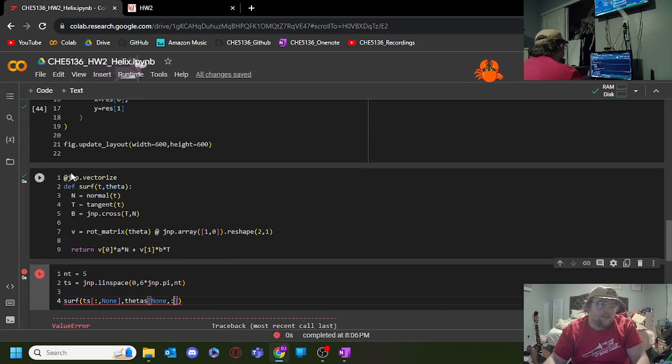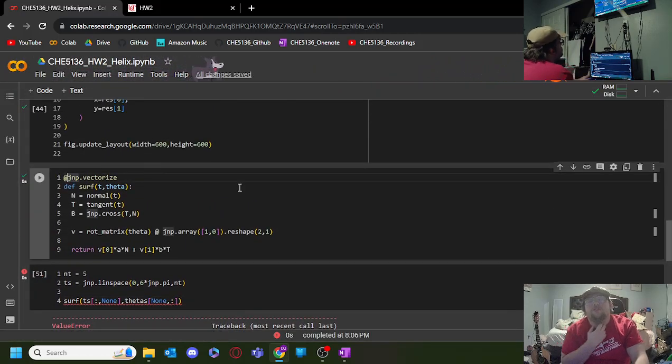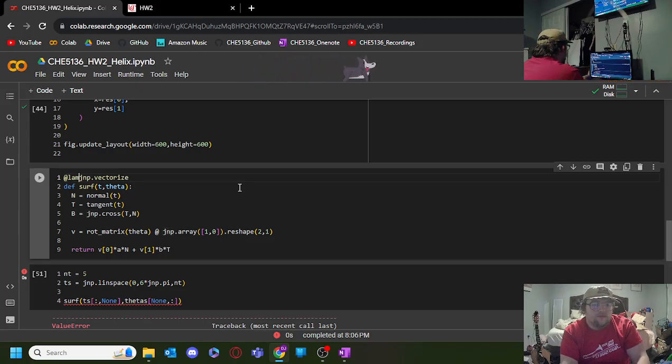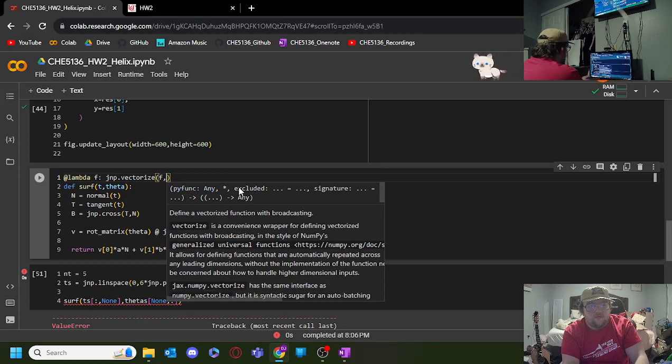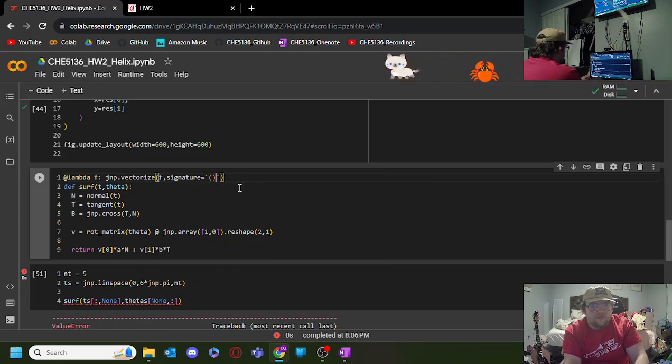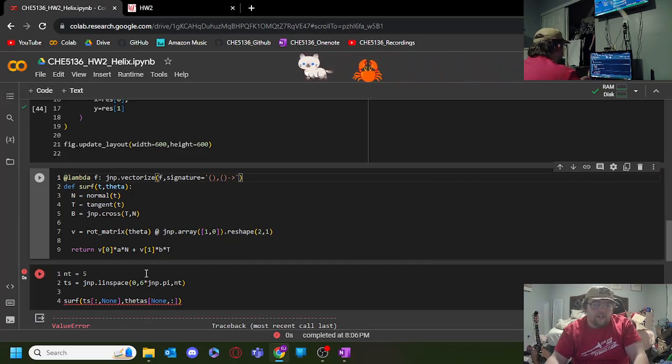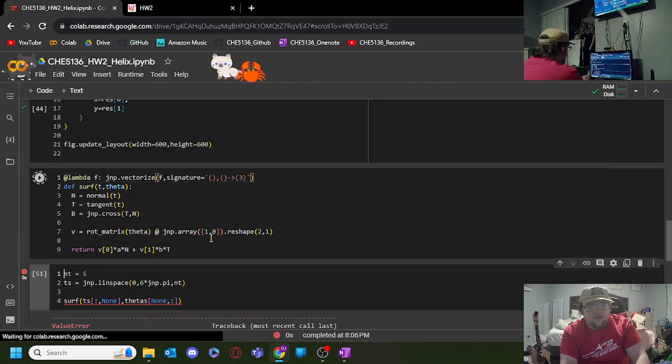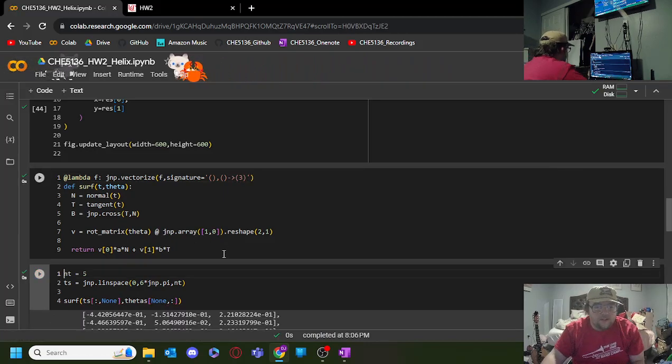Okay. So I have to actually pass in the signature. It's going to look a little ugly, but it works. Scalar, scalar, and then our vector down here is going to return 3 numbers. So that's going to be a 3. So now if I try that, alright.